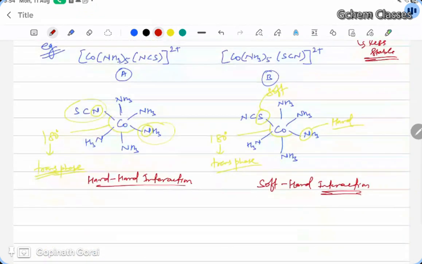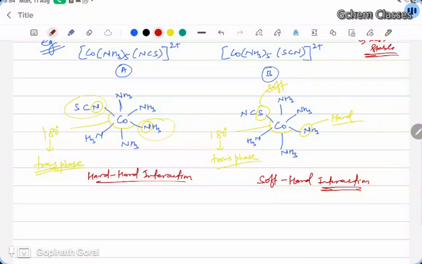So the stability order, if you write the stability order here, A will be more stable than B. Understood why A is more stable than B? So such type of questions will arise, right? A will be more stable than B.